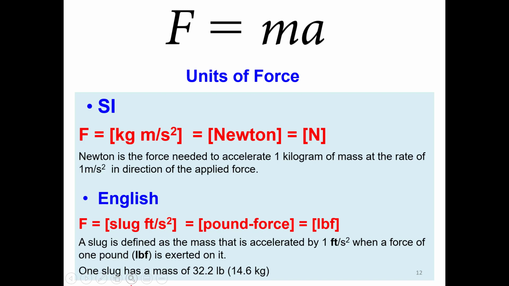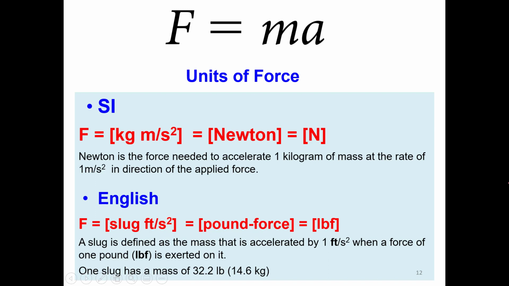The other unit for force is the unit in the English system. The unit for mass in the English system is the slug. The unit for acceleration is feet per second squared. This combination has a special name, the pound force, and the symbol is this one.